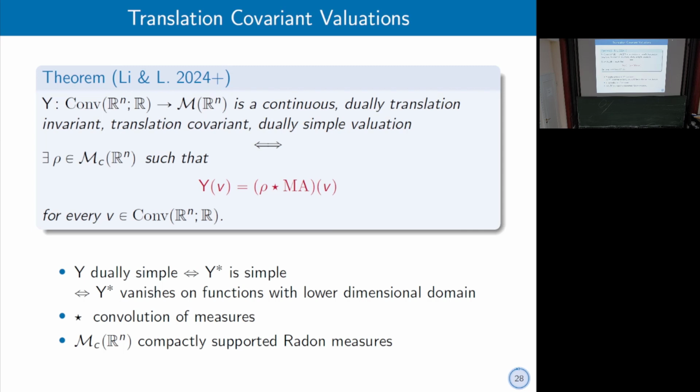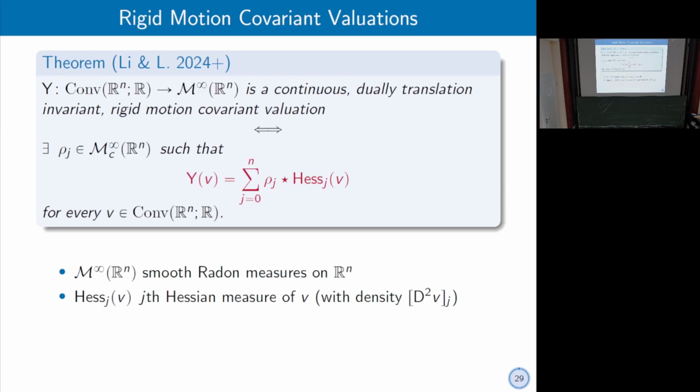And to get to the Hadwiger case, we only have a partial result here. I'm looking at measure valued valuations, but now I want to assume that my measures are smooth. Smooth Radon measures, so I have a smooth density.